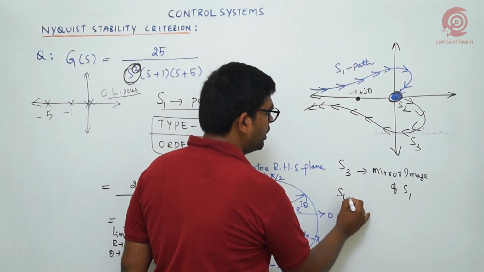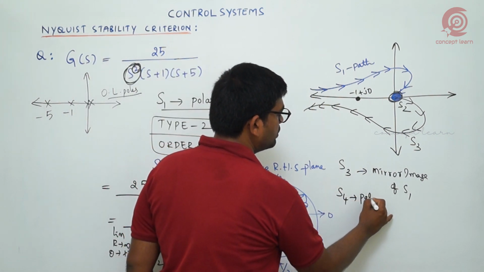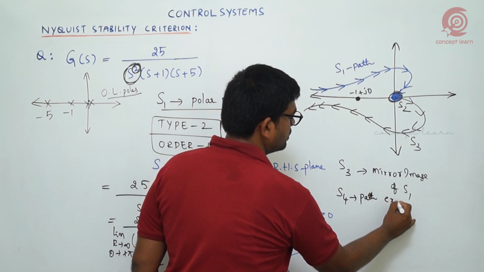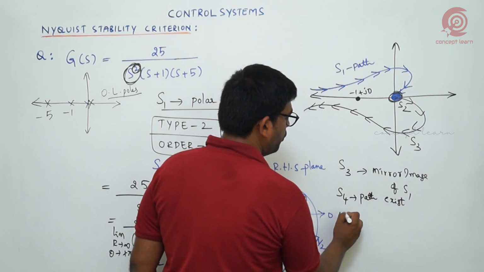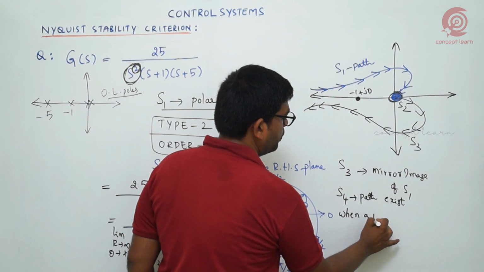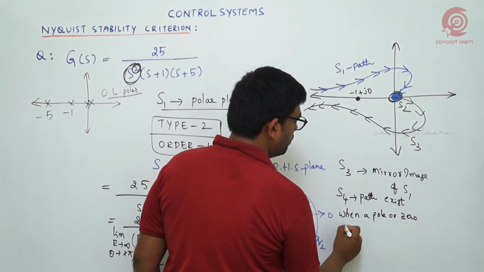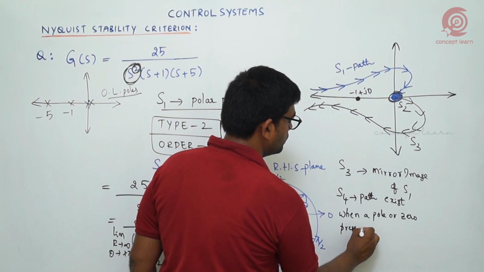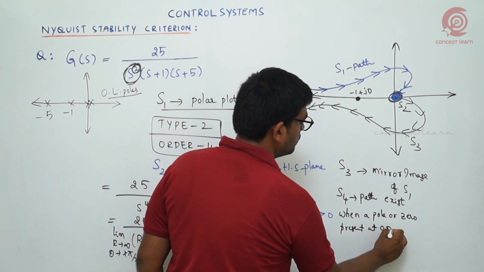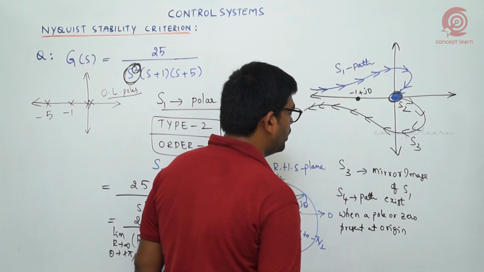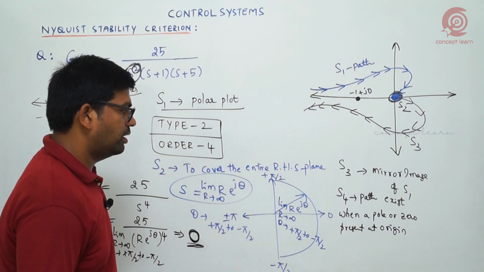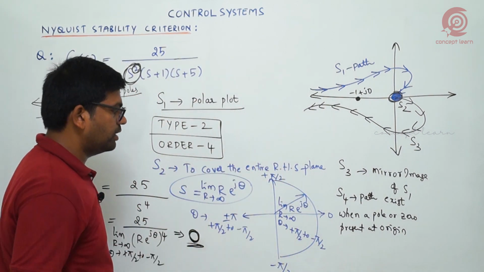S4 path exists when a pole or zero is present at the origin. So what we need to do for S4 here?